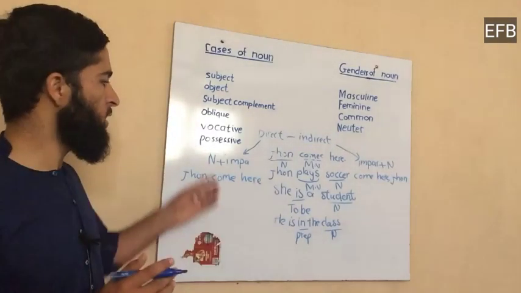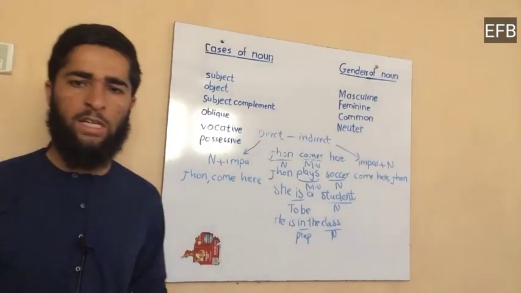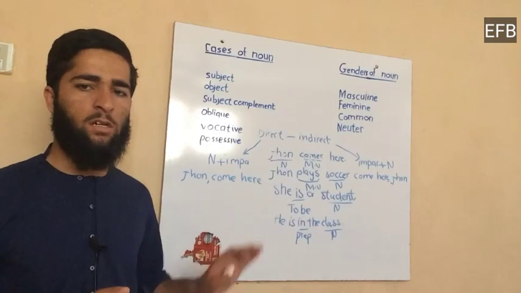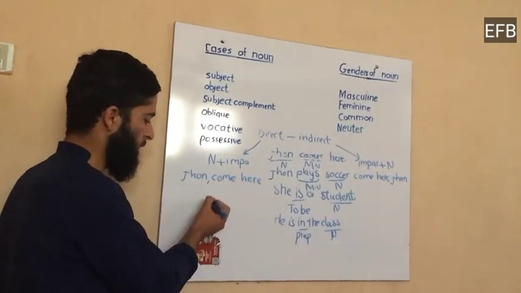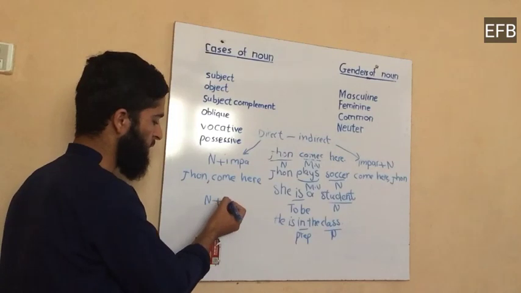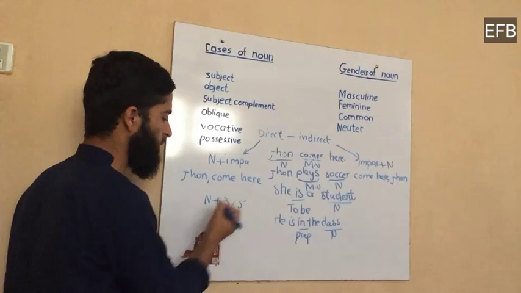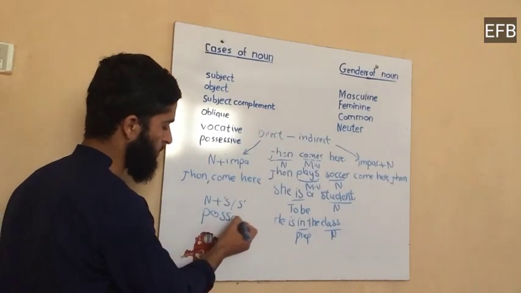So now let's talk about possessive case. From the name you can guess, it shows possession, ownership, and relationship. It has two types as well. The first one is noun plus apostrophe s or s apostrophe, and the second one is possessive adjective.